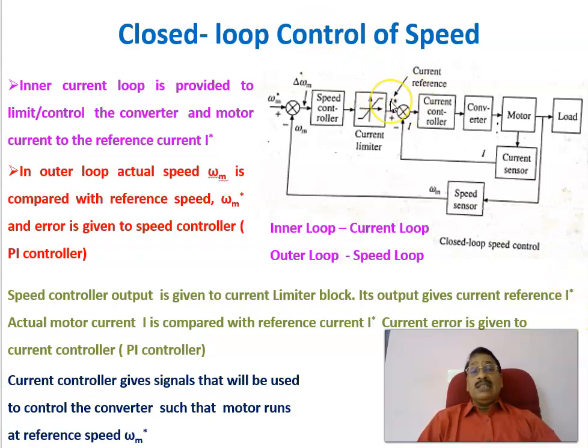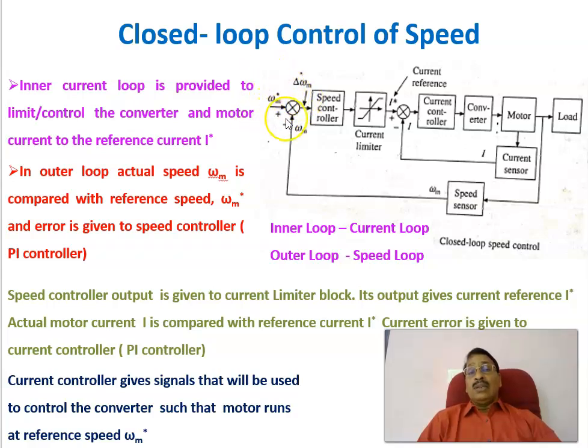For this much current, I star, is required, and the actual motor current I is compared with the reference current I star, and that is given to another controller, the current controller, again a PI controller. The current error is given to the current controller, and its output gives a signal used to control the converter such that the motor runs at the reference speed ω_m star.